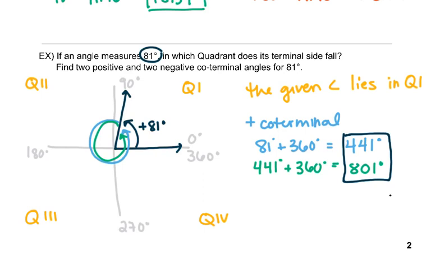If I was working a problem and I had been given 801 as my degree measure, I would certainly subtract 360 from it twice to get a small positive 81 degree angle, which is coterminal.